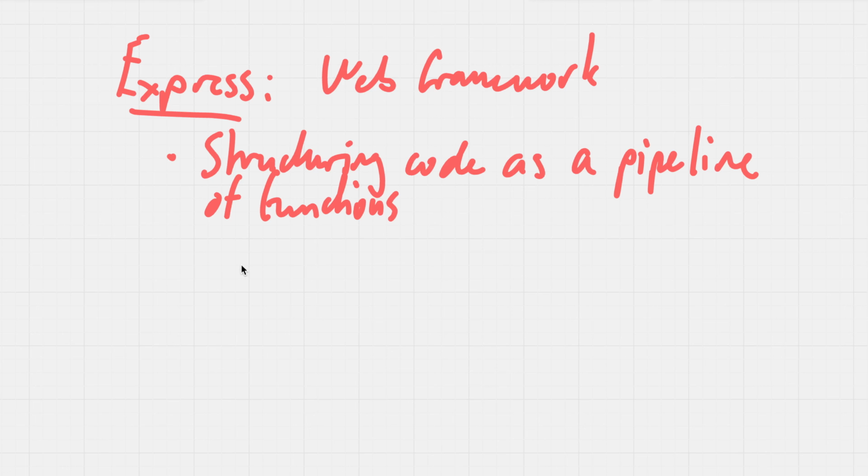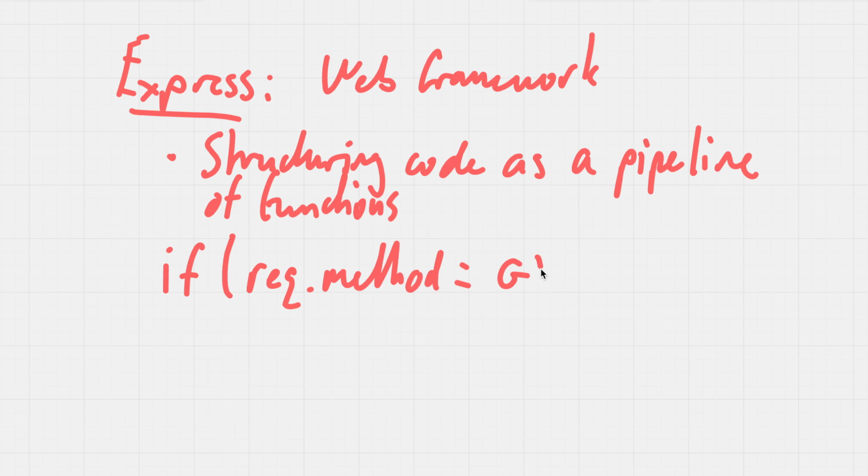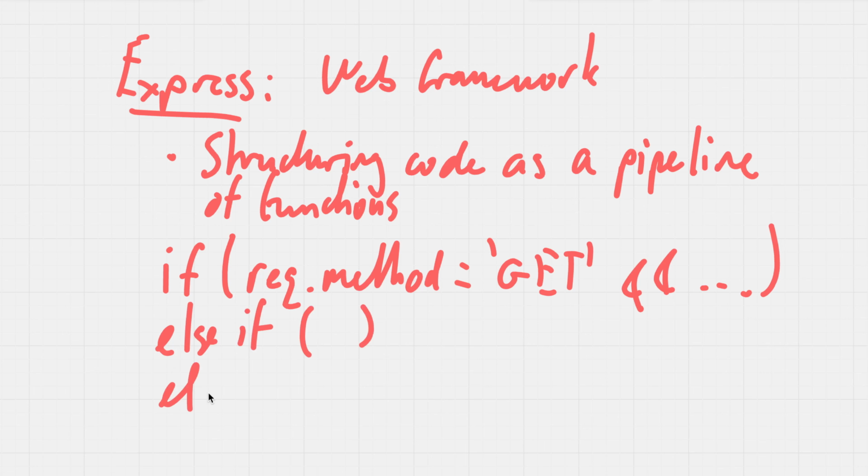If you tried to write an API in Node, you would typically have a bunch of if statements. So if request.method equals GET and so on, then else if something else, if something else, and then else.